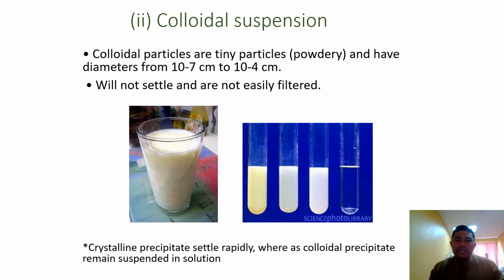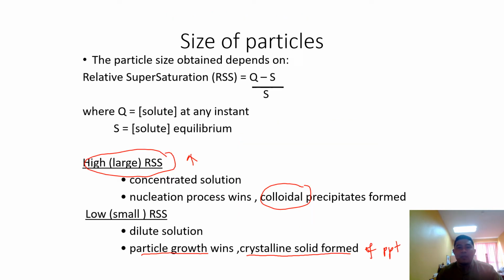So it is quite hard to filter the colloidal suspension precipitate. Because the particles will be suspended everywhere in the solution, you need to take a long time, maybe hours, in order to filter the colloidal suspension precipitate.